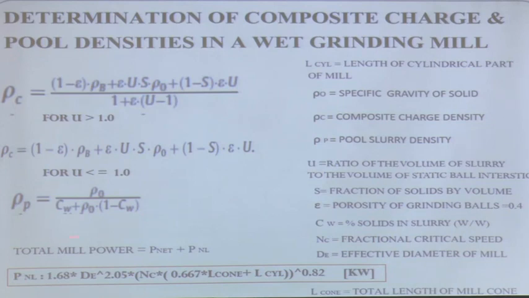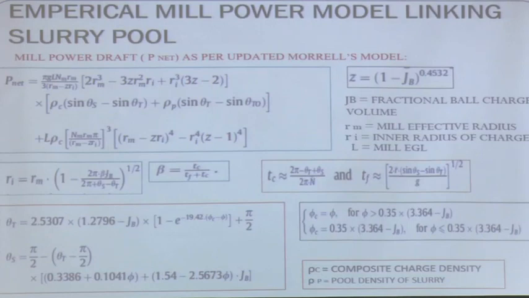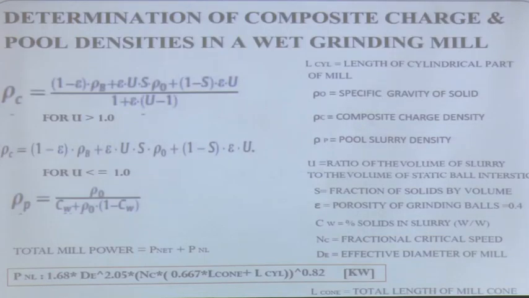Now normally the total mill power is equal to the net power. What is net power? This is the P net. This is a big formula. It can be placed in a spreadsheet. You can do a quick Excel programming on that. That is not a big deal. P net is the power required for the mill with the charge. Now what happens for the empty mill running?